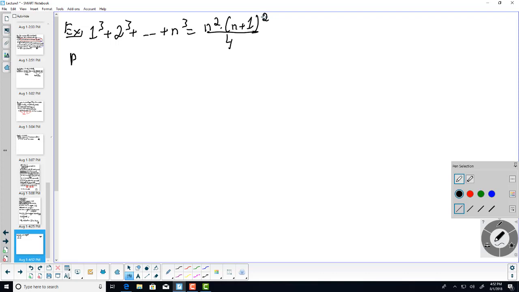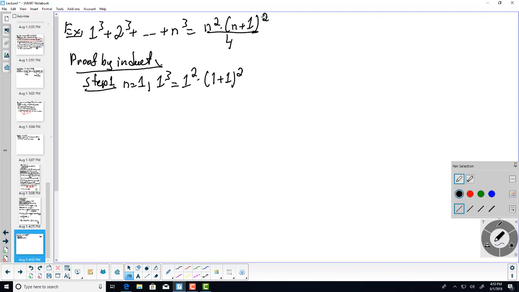So we prove by induction. Step 1: n is 1. So we have that 1 cubed is equal to 1 squared times (1 plus 1) squared over 4, which is true.